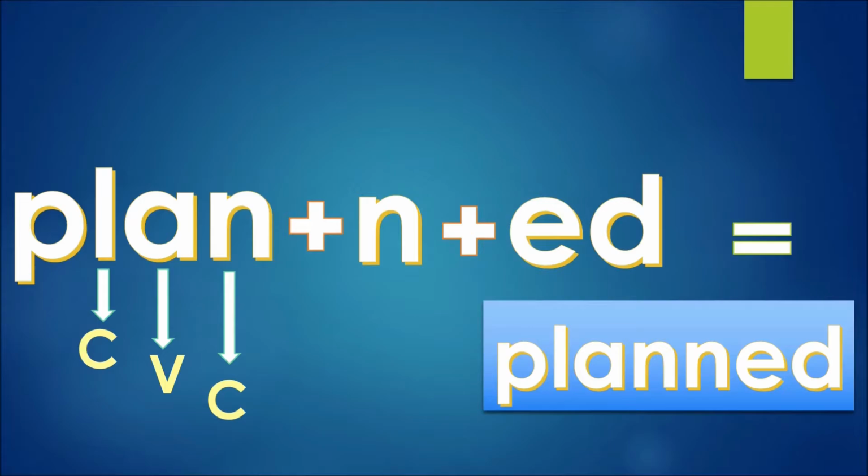Okay, so this is rule number 2. If the word has one syllable and it has the CVC pattern, it means the last three letters in that word are consonant, vowel, consonant. You have to double the last consonant letter and then add ed.